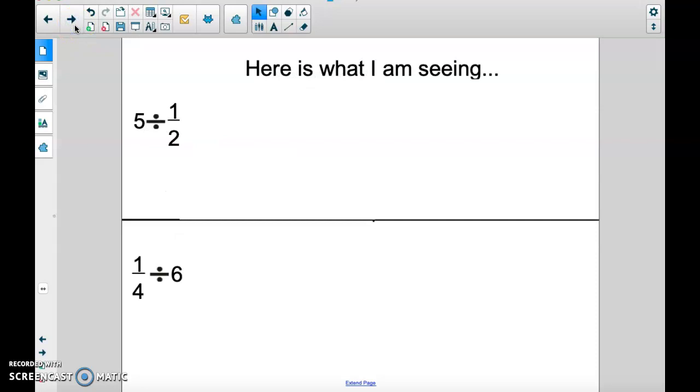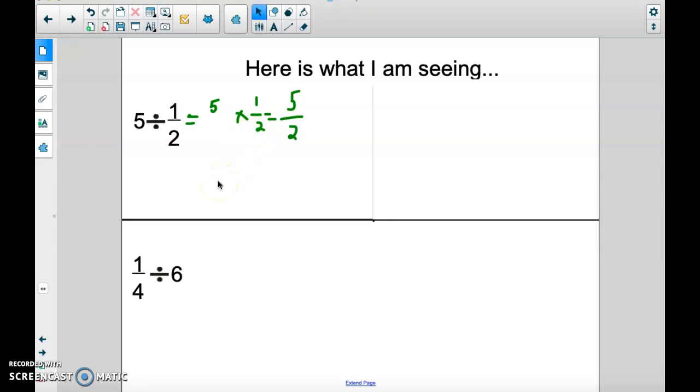Now what I want to do is walk you through 3 things that I saw yesterday that are common mistakes. These are mistakes that I saw a lot. So make sure you're evaluating yourself. Am I making these mistakes? So for a problem like 5 divided by 1/2, and really this was happening with a lot of people whenever the whole number came first, the first mistake I was seeing a lot was they just turned this into multiplication.